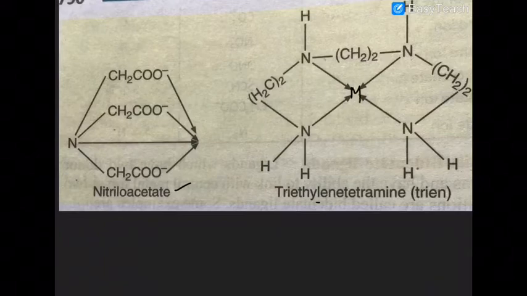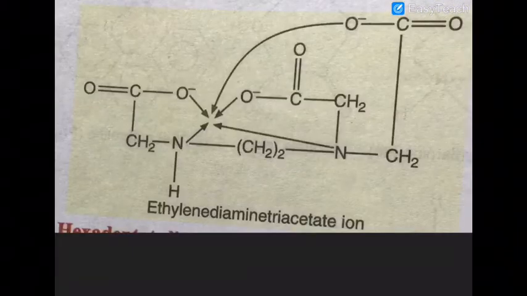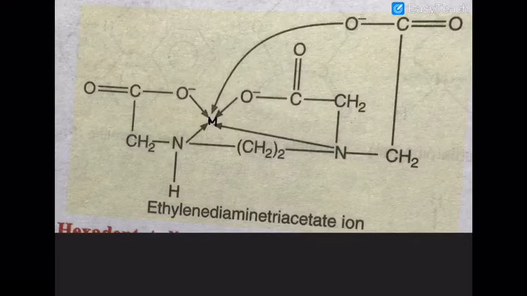Here also it is able to form 3 closed rings around the central metal atom. Then you have EDTA, ethylenediaminetetraacetate. That is also able to form cyclic rings around the central metal atom.